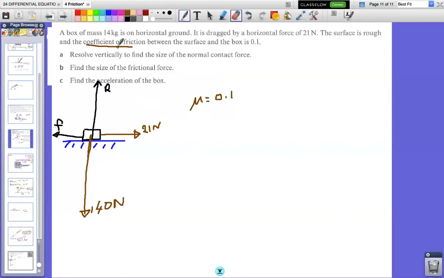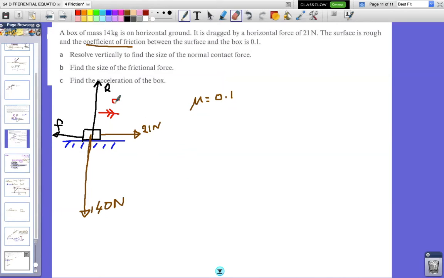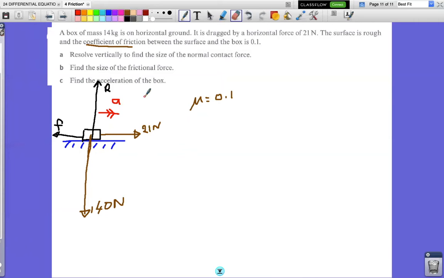And this box is being dragged, so there is an acceleration. If there is acceleration, you should always show the acceleration on your diagram. It should accelerate this way, acceleration a. See how I always denote my acceleration with 2 arrows, something like that.